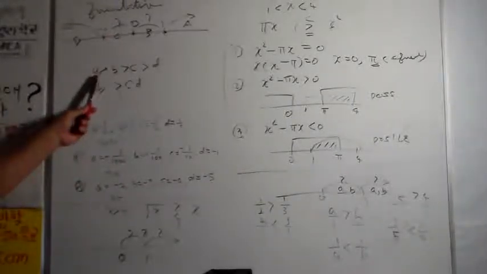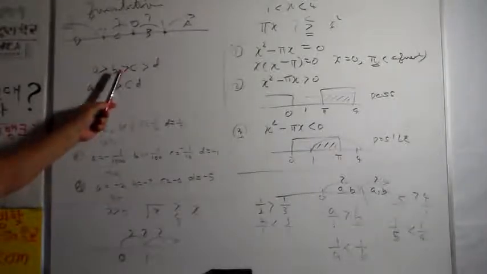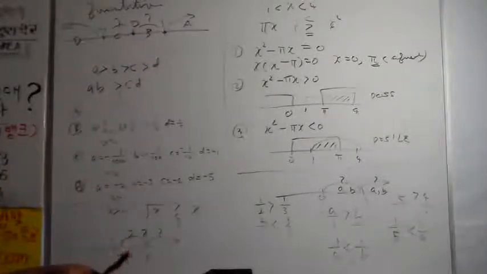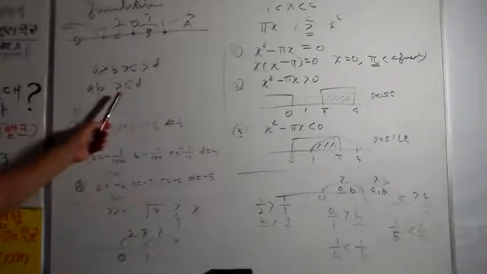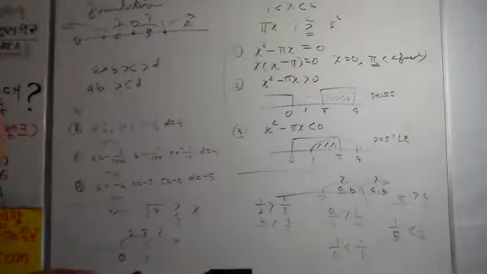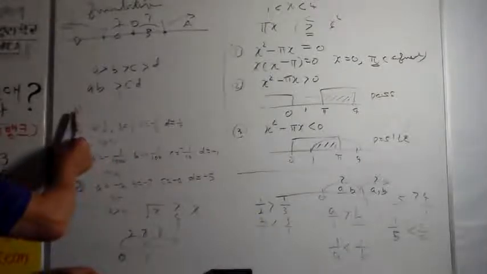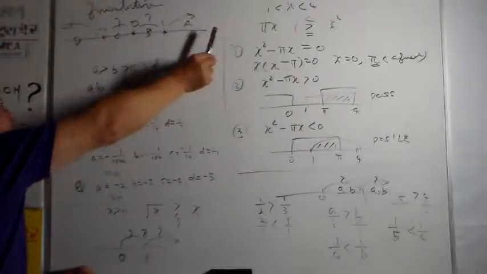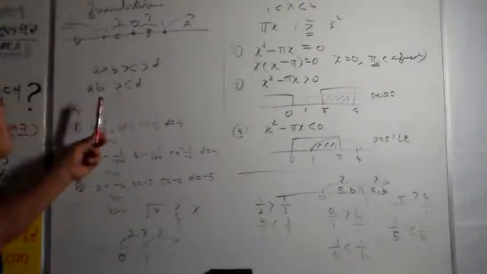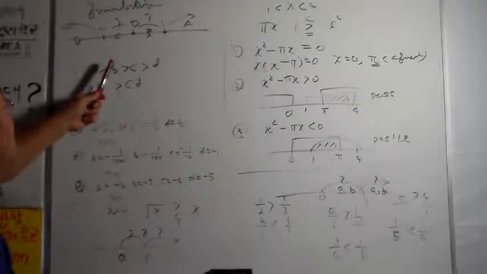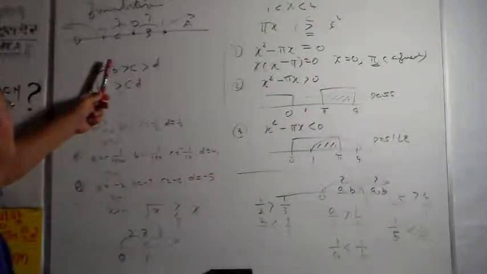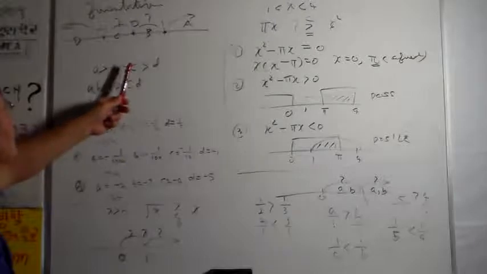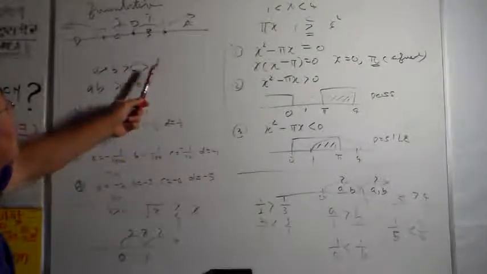They say A is bigger than B, B is bigger than C, C is bigger than D. So A times B is bigger than C times D. Because they don't have any restriction in there, you have to think about it. So case A, that means more than plus 1. This case, yes, because A is 100, B is 50, C is 10, D is 5.